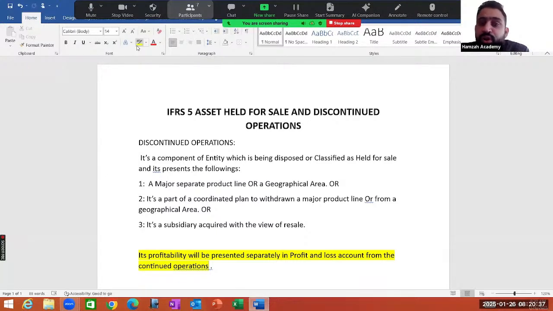If we do not present the profitability of the discontinued operation separately, they would not be aware of that, and they would not be able to make an informed decision. That's why the profitability of the discontinued operation should be presented separately in the profit and loss account from the continued operation. So that would be the requirement for discontinued operations.